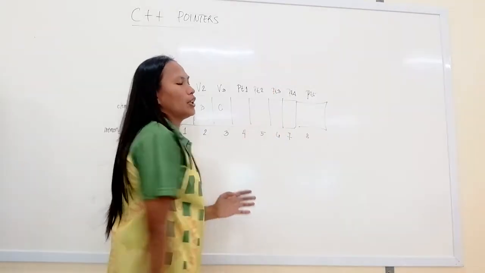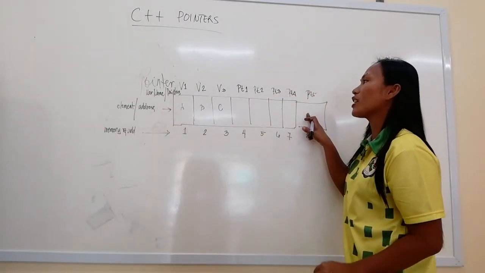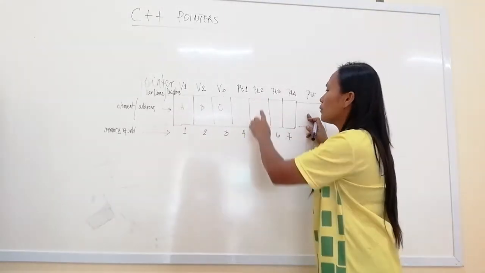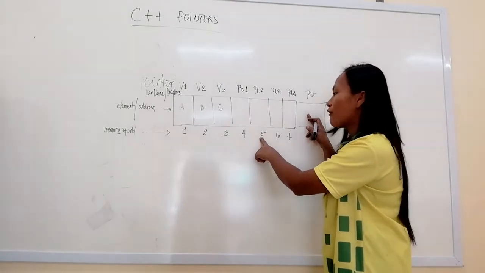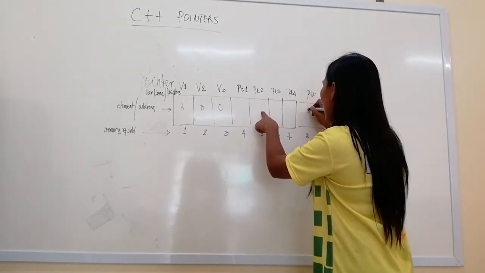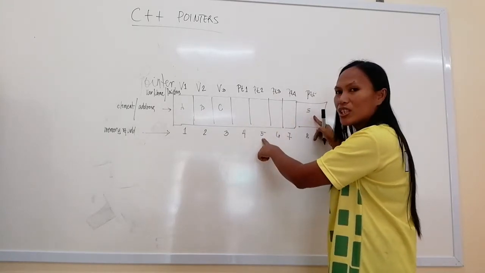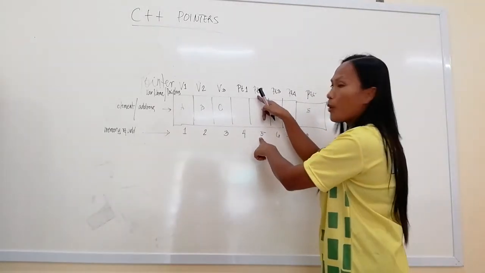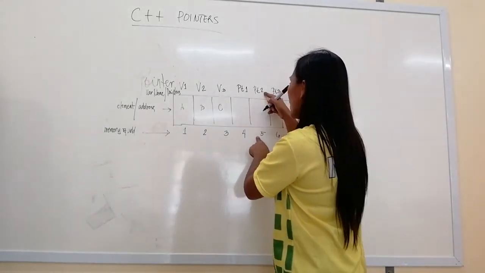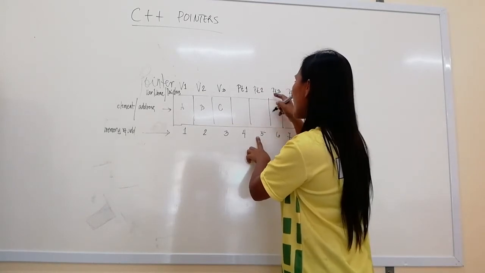Okay? For example, pointer 5 points to pointer 2. As you can see, pointer 2 is located in memory address 5. So, inside this track or element, we have the 5. This 5 indicates memory address 5 under pointer 2. Now, pointer 2 contains the address of pointer 3.